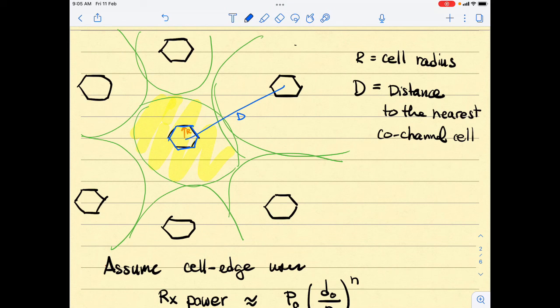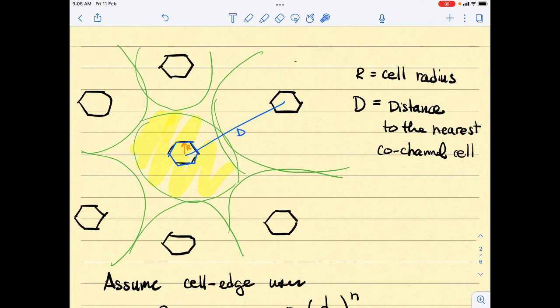We assume that the radius of all the cells is equal to capital R. Remember, this cluster pattern will be repeated elsewhere, so the next cluster will have the same sort of cell that uses the same set of frequencies. These two cells will interfere with one another because they use the same set of frequencies, but there's some distance between them, so the interference will not be strong.